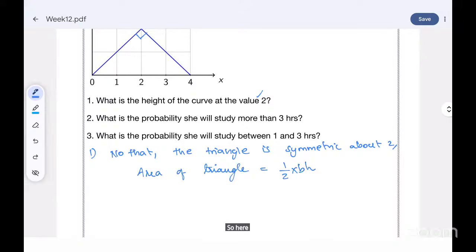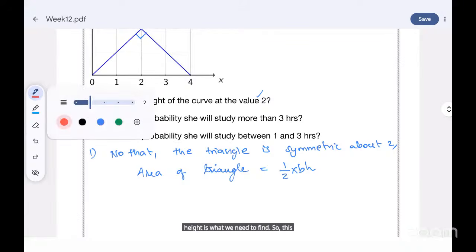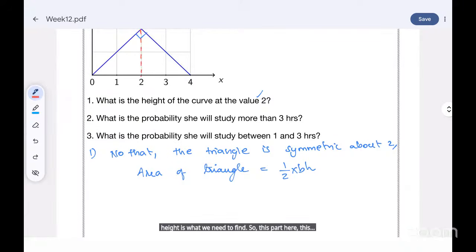So here, what is your base and what is your height? Base is 2, madam, and height we have to identify. Height is what we need to find. This part here is your height.